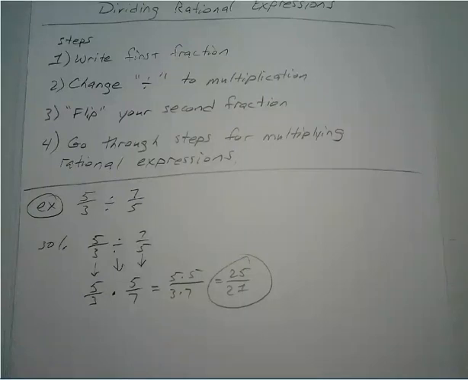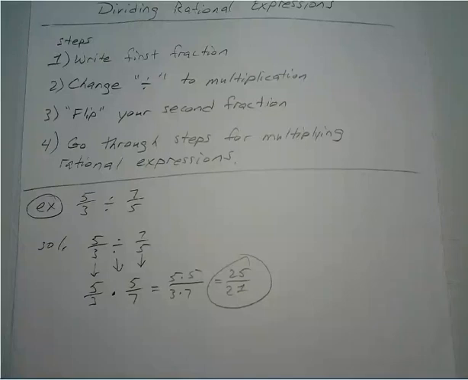So it's pretty much the same idea for rational expressions. We're going to go ahead and do a couple of examples, so if you're still writing, feel free to press pause. Let me move this down here a little bit.